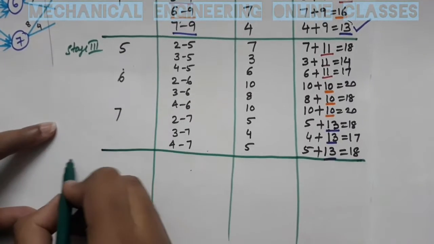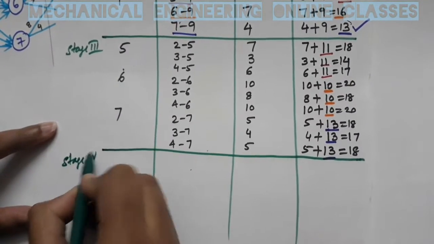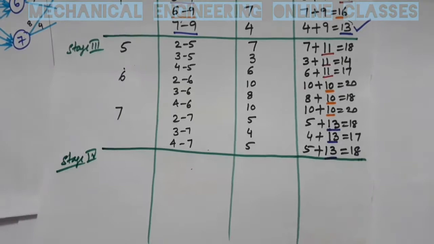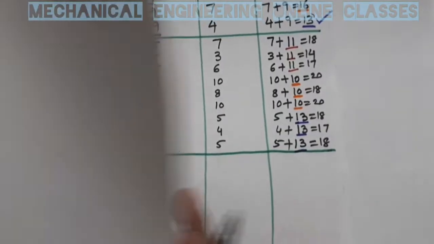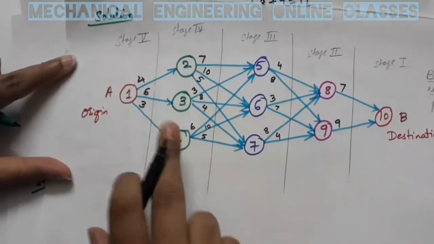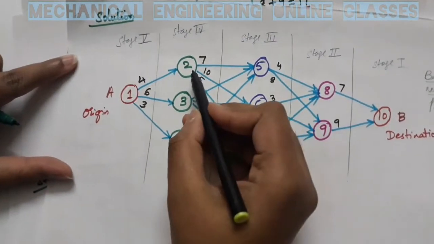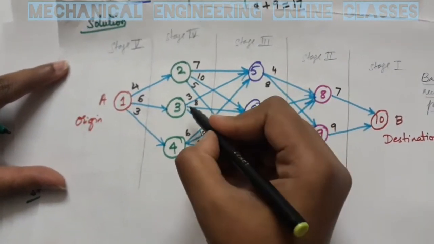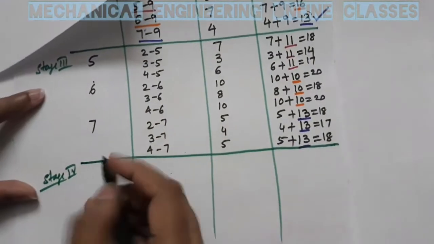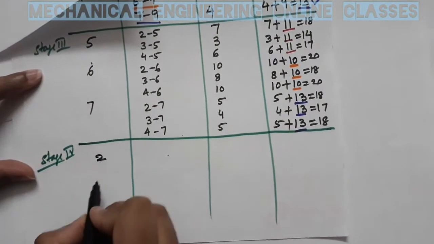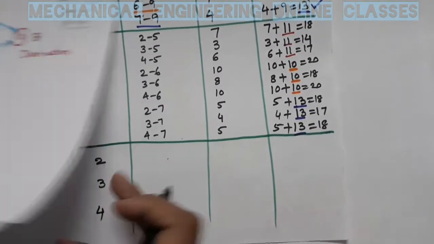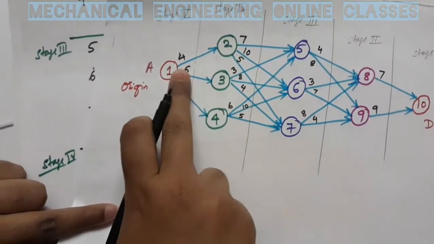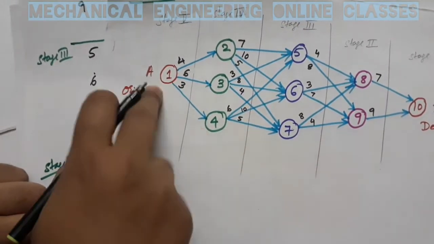And now let's do stage 4. Now when we are at stage 4, our current location might be 2 or 3 or 4. And what are the possibilities? From 2 I can go to 1, from 3 I can go to 1, from 4 I can go to 1.